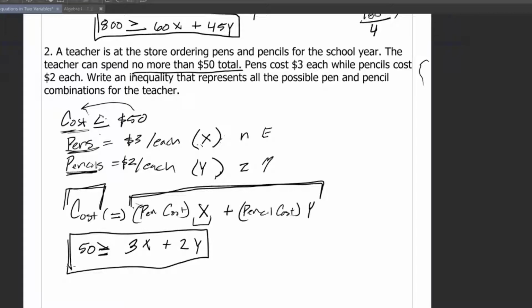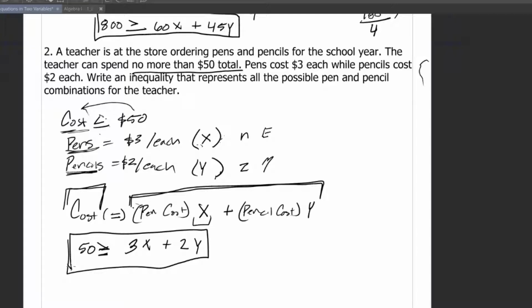So I think these two questions were pretty straightforward, but what I would recommend is I'd encourage you to create your own problems. These problem statements are pretty plain. But if you were to create a problem, creating one off the top of my head, you go to a shoe store and you have people on your sports team that wear a size 8, and you have people that wear a size 10.